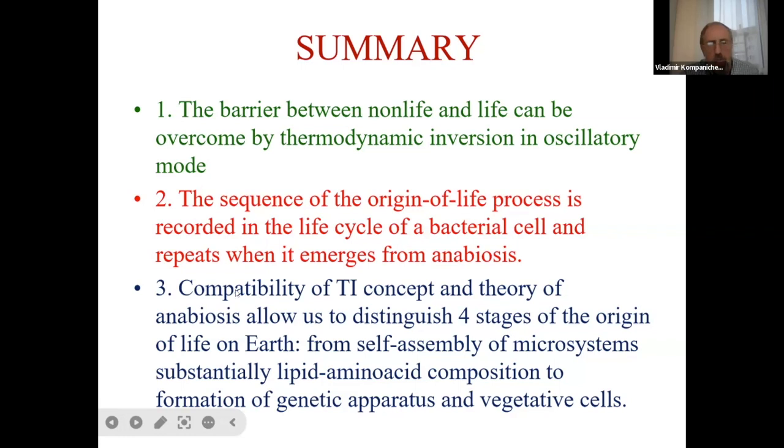And third, compatibility of the concept of thermodynamic inversion and the theory of anabiosis allows us to distinguish 4 stages of the origin of life on Earth. It begins from self-assembly of microsystems, substantially of lipid-amino acid composition, to formation of the genetic apparatus and vegetative cells. Thank you for your attention.